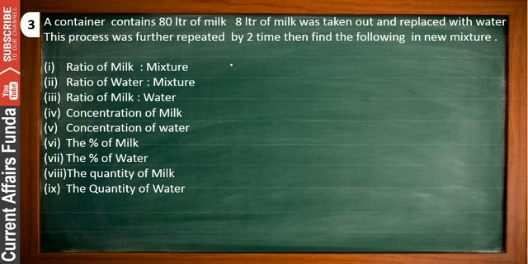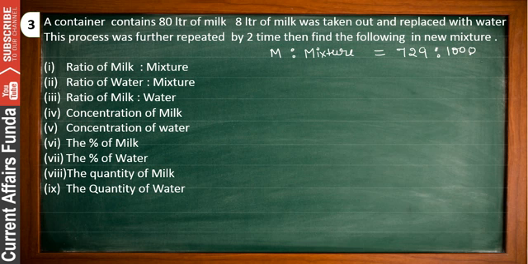So right now we can see like this: milk is to mixture is equal to 729 is to 1000. Fine. So what is the meaning of mixture? In mixture there are basically two things, milk plus water.